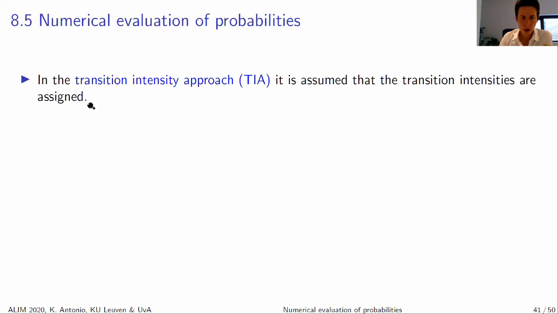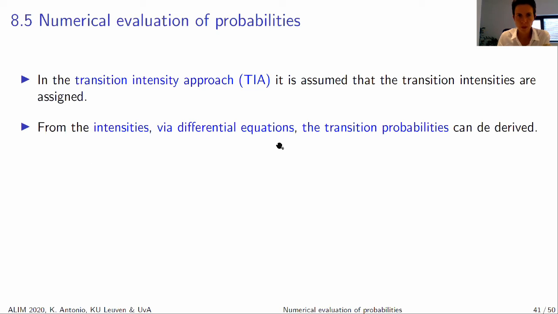So we take a strategy where the transition intensities are known or are assigned. That is sometimes also called the transition intensity approach. It means you estimate, or you somehow get, a meaningful value for these transition intensities. And given that you have those, you go through your calculations to obtain expressions for the transition probabilities.